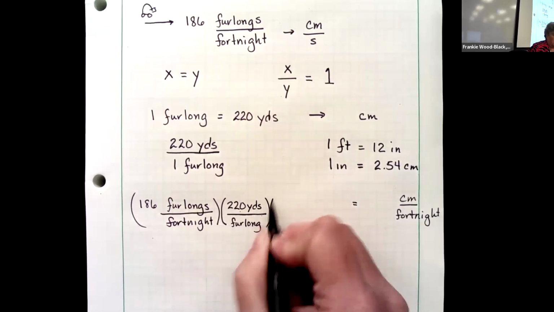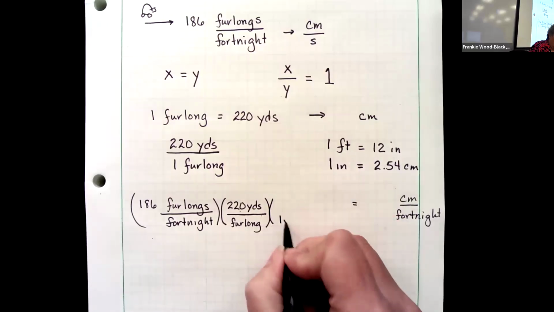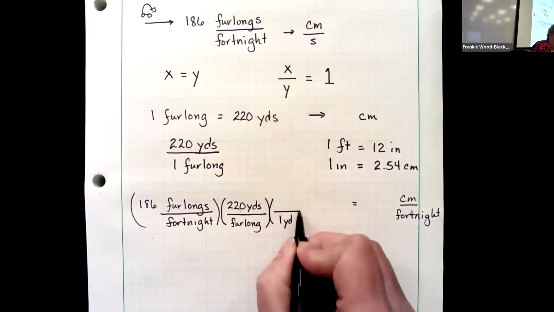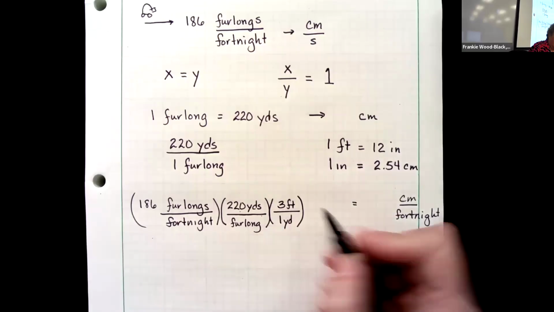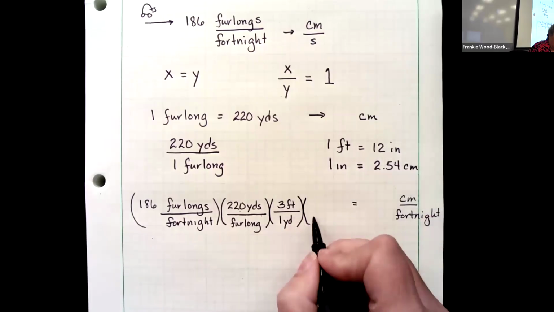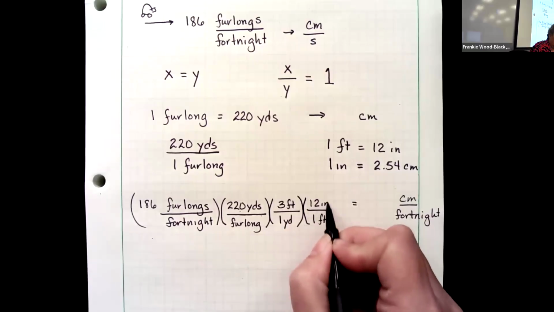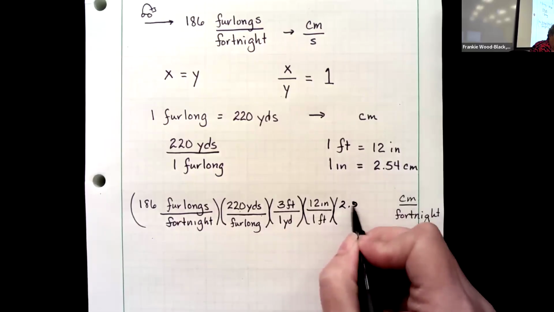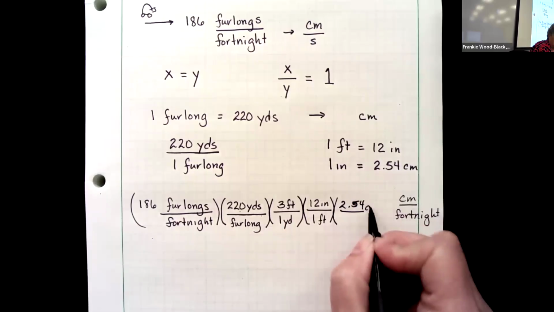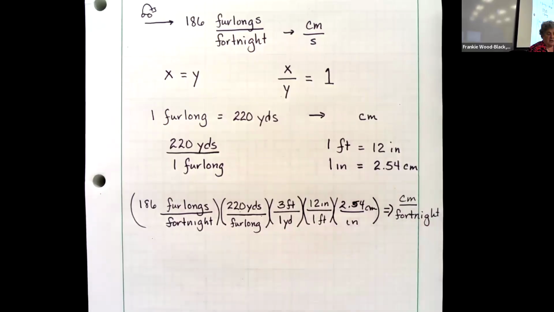We also know, hopefully we all remember, that 1 yard is equal to 3 feet. And I know that 1 foot is equal to 12 inches. And I have 2.54 centimeters per inch.